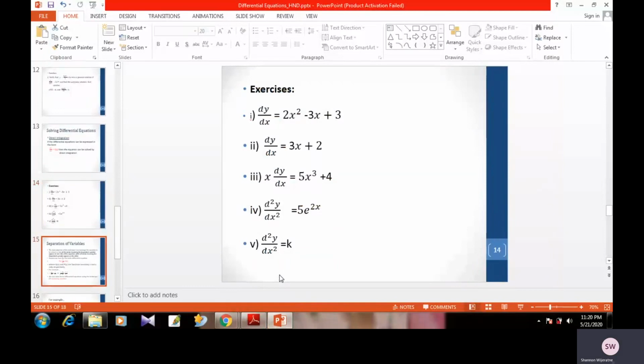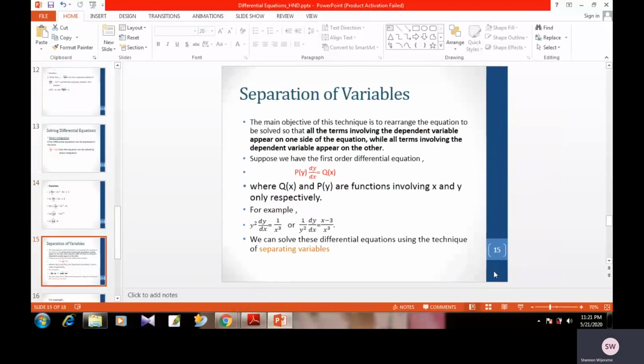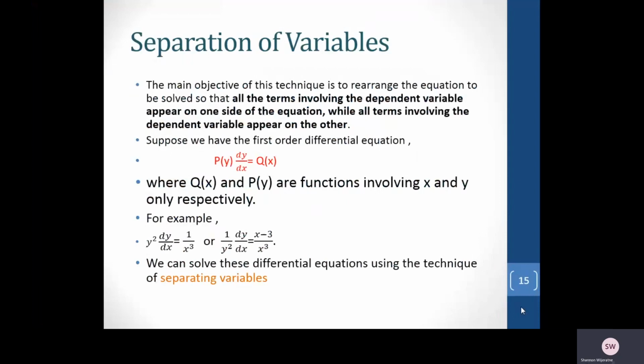So the next method is the separation of variables. The main objective of this technique is that we can rearrange the equation so that we have all terms involving one variable on one side and all the terms involving the other variable on the other side of the equation.